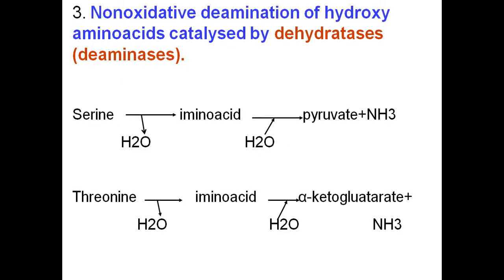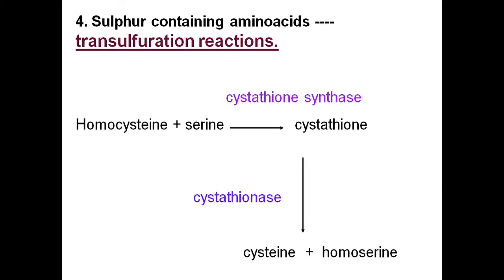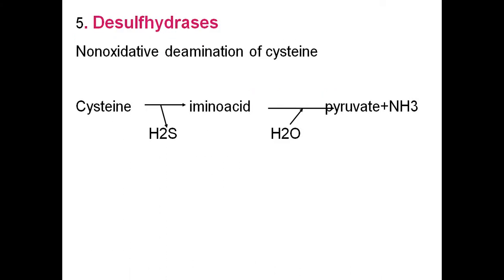And non-oxidative deamination of hydroxy amino acids, catalyzed by the enzymes dehydratases or deaminases, also requires pyridoxal phosphate as coenzyme. In sulfur containing amino acids like cysteine and methionine, the transsulfuration reactions, conversion of homocysteine to cystathionine, and finally the formation of cysteine and homoserine, also require pyridoxal phosphate as coenzyme.